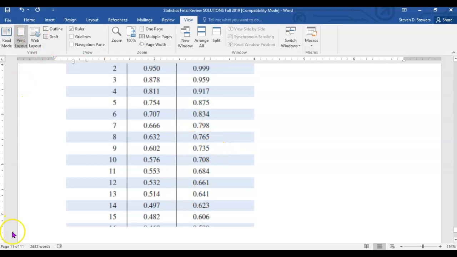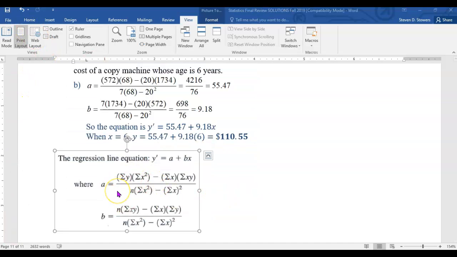So here are the formulas, and here's what they look like if you plug in the actual numbers. And these numbers come from that table that I gave you earlier.